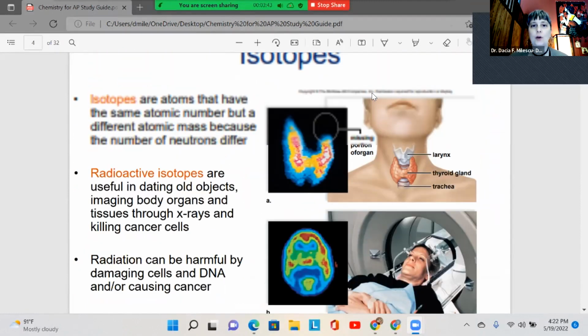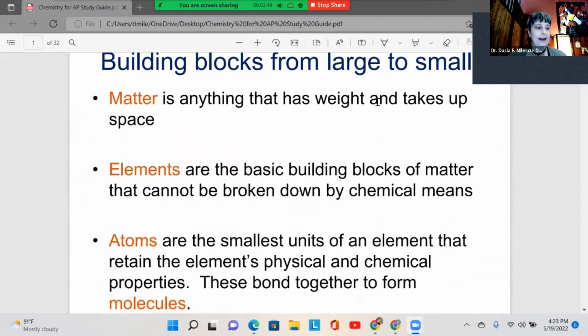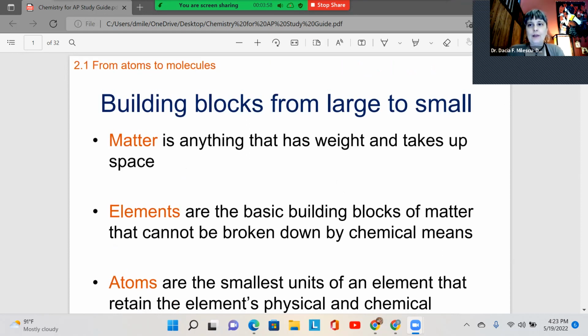You're more than welcome to go over the PowerPoint that was given to you, but this is more of an outline or study guide, and I'll post it along with my video to help you remember some terms, okay? So this is basically the Cliff Notes version of the chapter that I hope that you read, because it is important, and there's a chemistry assignment that you have to do.